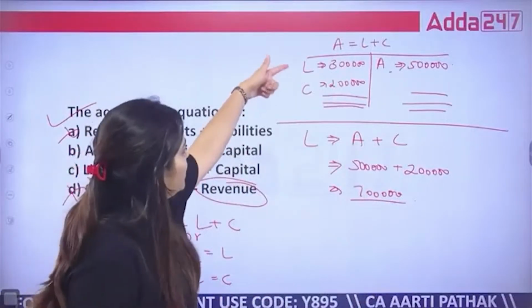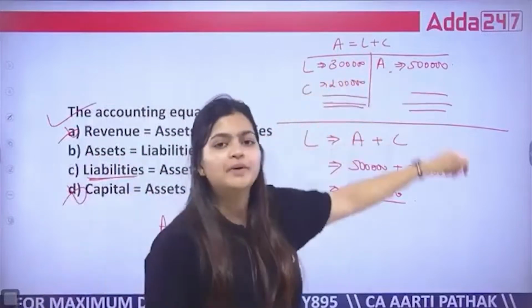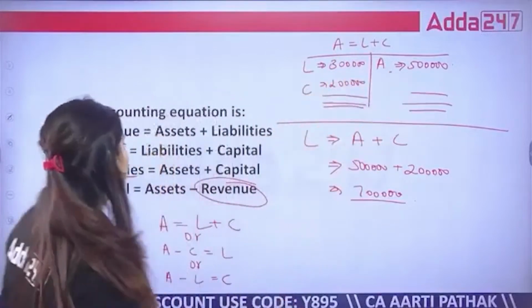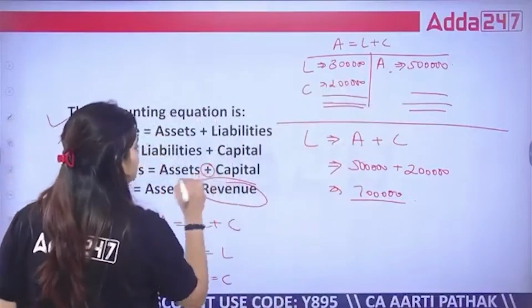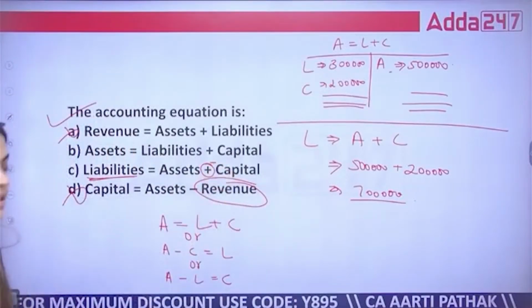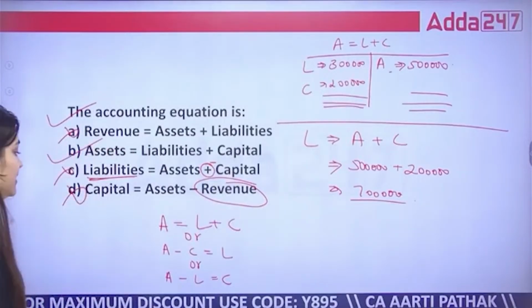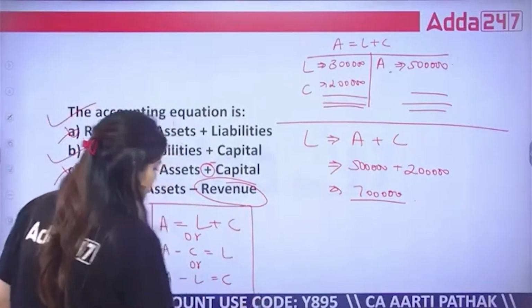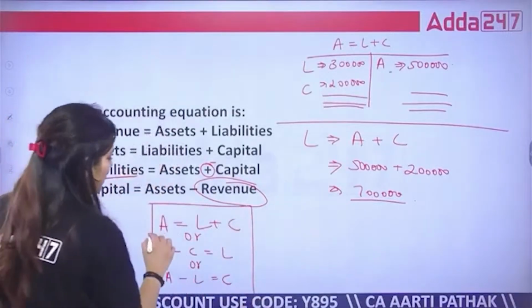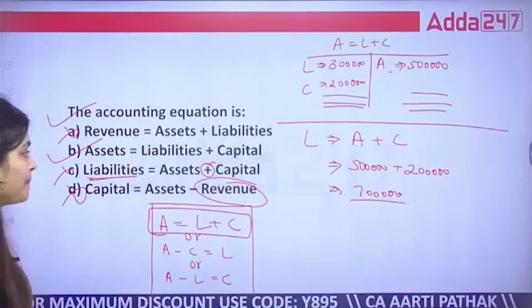We need to use liabilities and capital on one side and compare with assets. That's why the wrong thing here is the plus sign. We need to use a minus sign here. That is why this is wrong. The correct answer is B. These are the alternative ways through which you can solve it. If you know one equation, you can easily make the remaining two equations also.